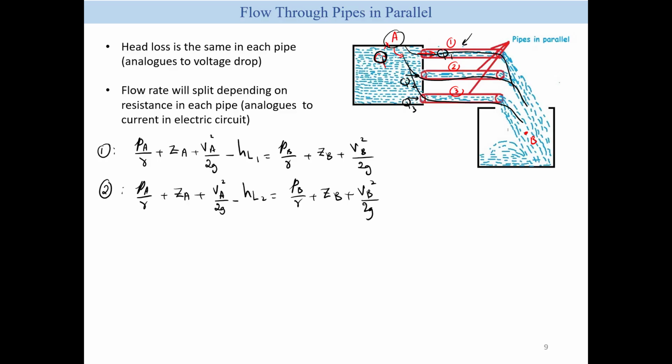And then of course for number 3 we're going to get the same equation, except the head loss would be the one that changes. It's going to give us this time minus head loss 3.